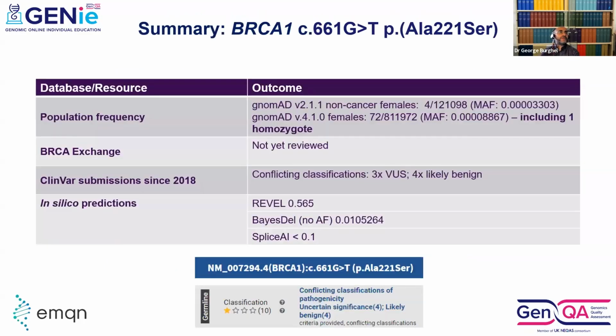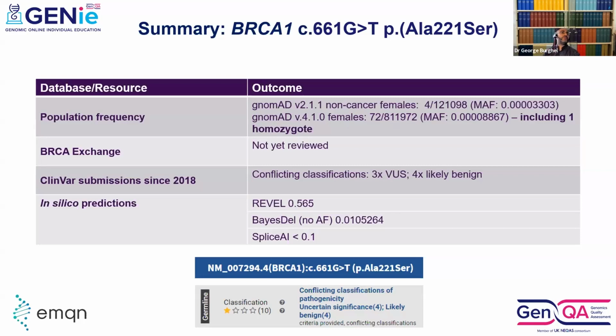So this is just a summary of some of the elements that we looked at. With regards to population frequencies, it's been recorded 4 times in gnomAD version 2.1.1, the non-cancer females, a much bigger number in gnomAD version 4.1, which includes data from UK Biobank, 72 cases, one of which is a homozygous case.